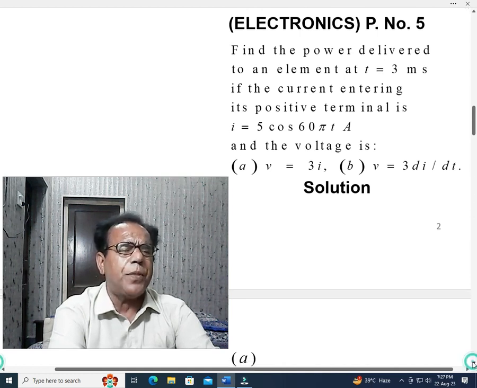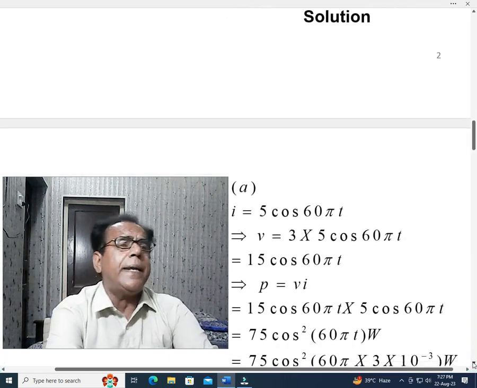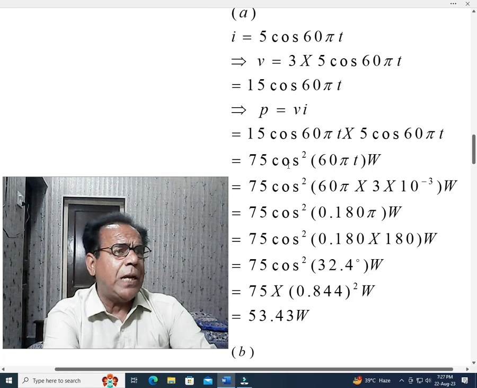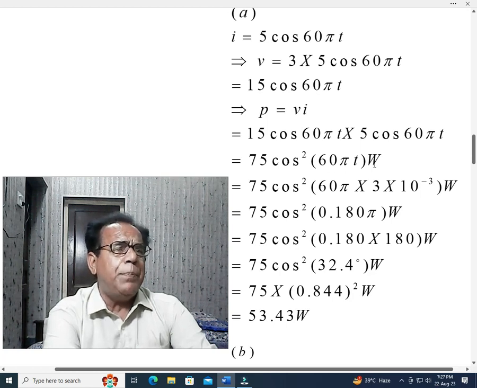We see part A, i is equal to this. Then this implies that v equal to 3i equal to this multiplied by this. And p is equal to vi, so this v will be multiplied with i, and it will be converted into 75 cos square 60 pi t watt, because the unit of power is watt.